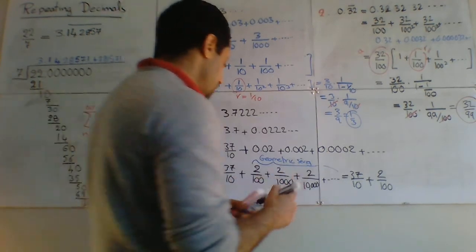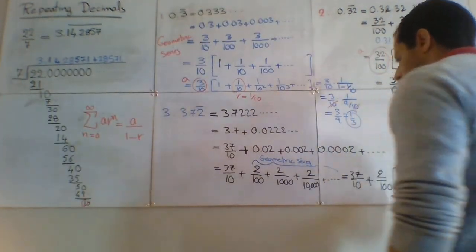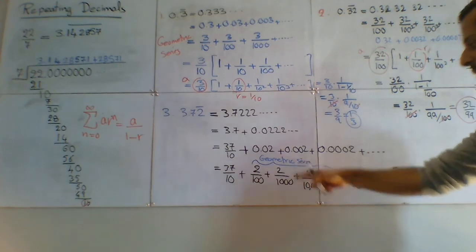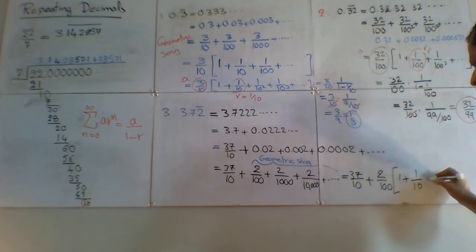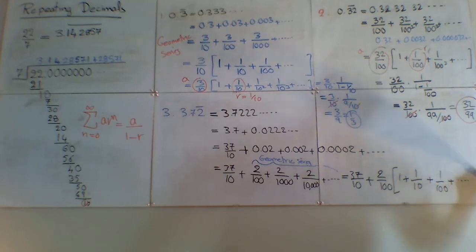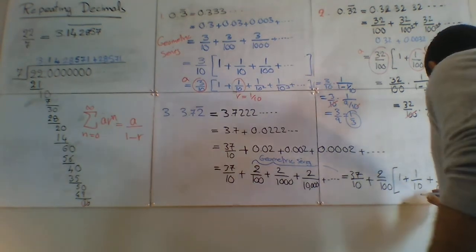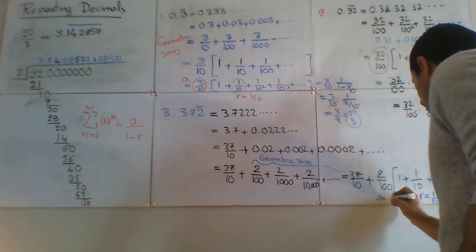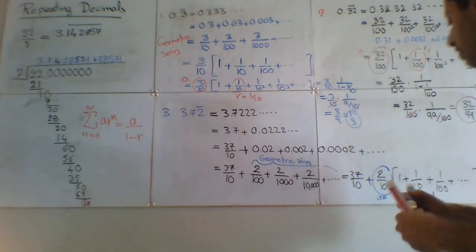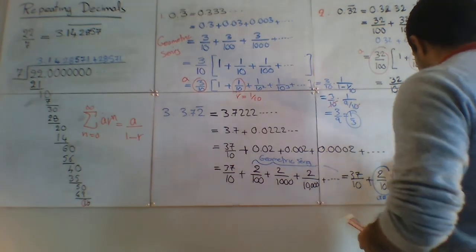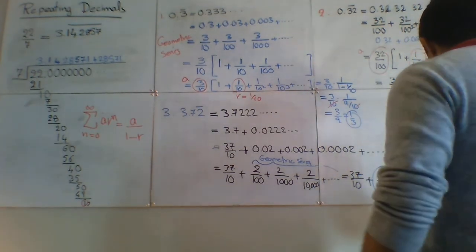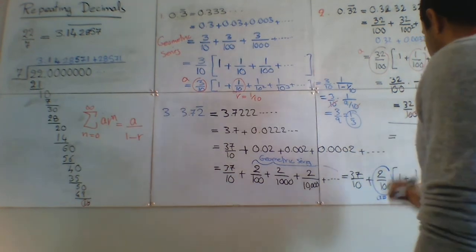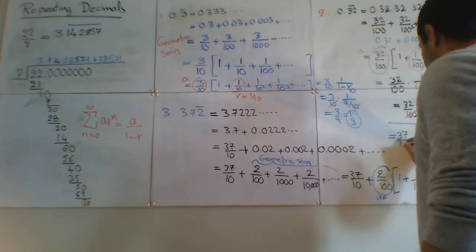Then you're left with 1 plus 1 over 10 plus 1 over 100, etc. So here you have r is 1 over 10, and a is 2 over 100.